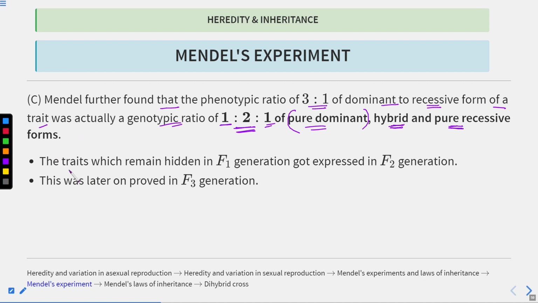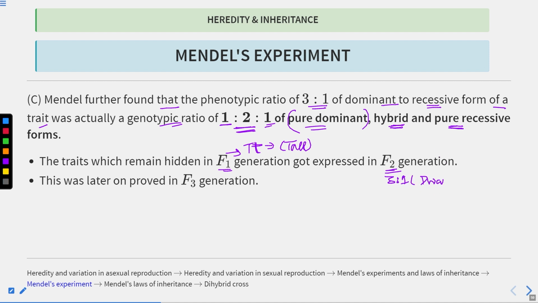Clear? Now the traits which remain hidden in the F1 generation get expressed in the F2 generation. Clear? We have seen the F1 was T and small t, so here the phenotype was tall. The recessive phenotype was masked by the dominant gene. It was not shown in the F1 generation, but in the F2 generation you can see we got a 3:1 phenotypic ratio, and 1 was the dwarf.